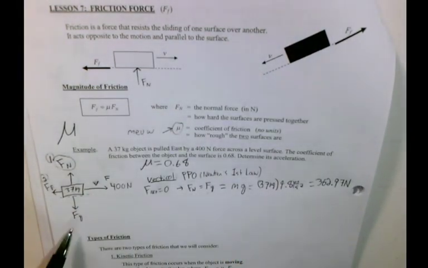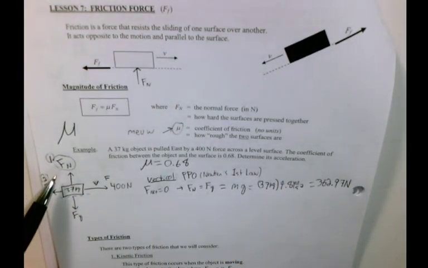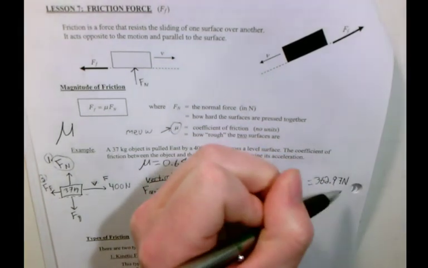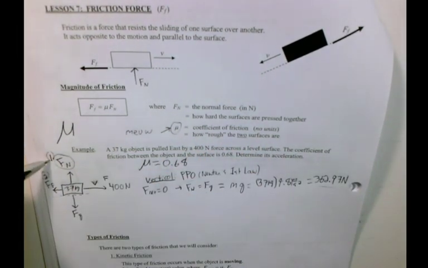Right, so force of gravity would be down, normal force would be up. We have this value. We're done our first step determining normal force.